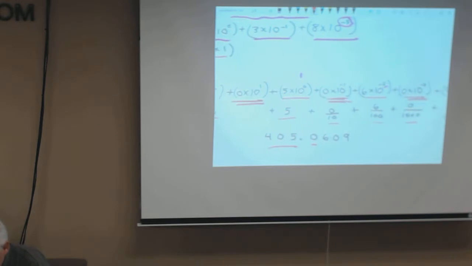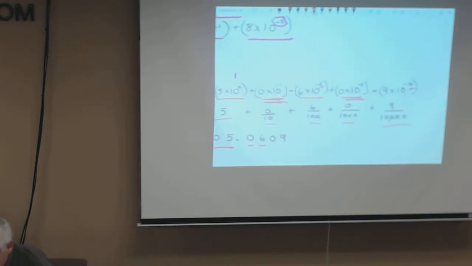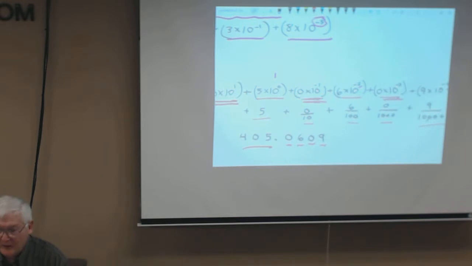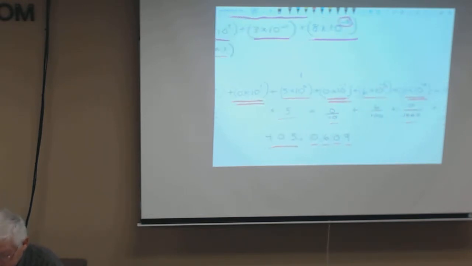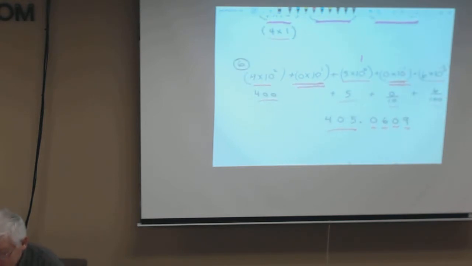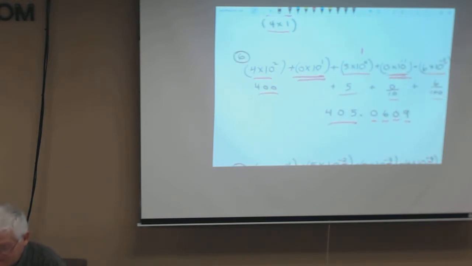And then I have 6. And then another 0 for 10 to the negative 3. And then 9. See why I need those other places in there to know where to put the zeros. And this is how you show your work on this stuff, to show me how you found the answer.